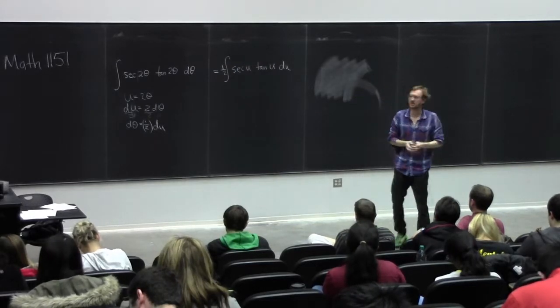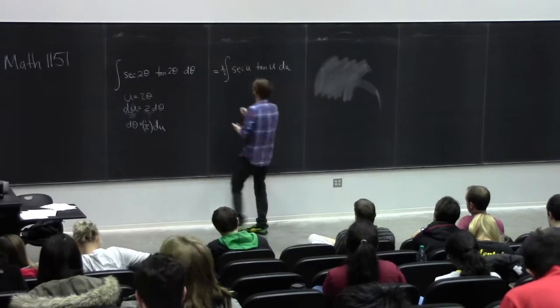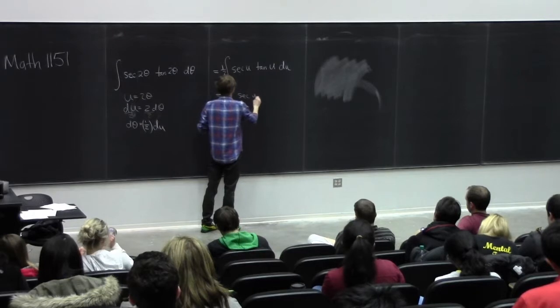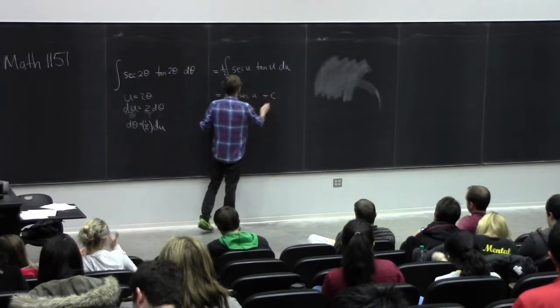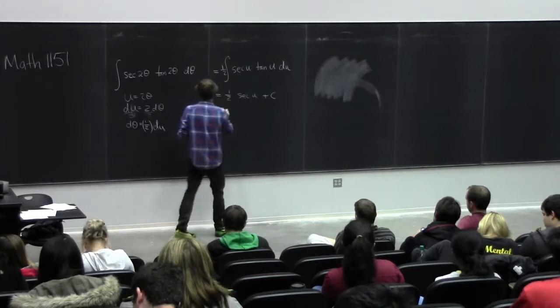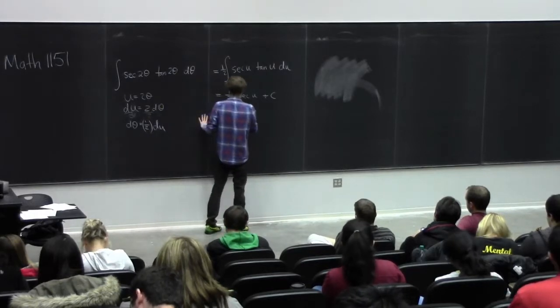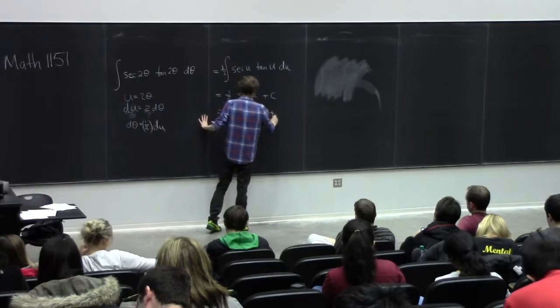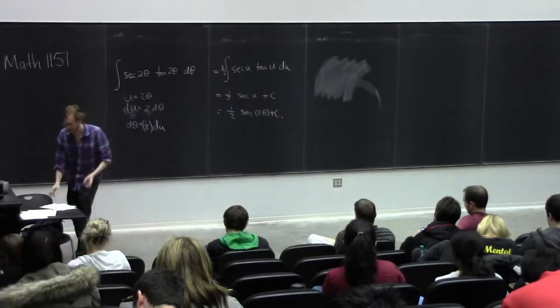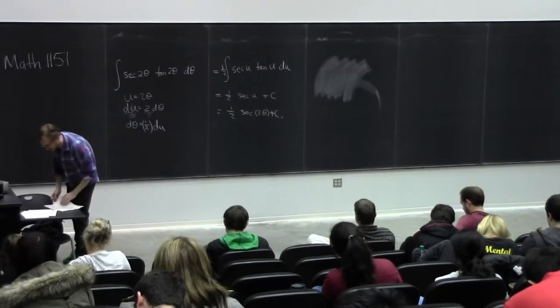Secant u. Yes. Know that. That's a good thing to know. Equals 1/2 secant u plus c. And are we done? Go ahead and plug u back in. Equals 1/2 secant 2 theta plus c. Right?